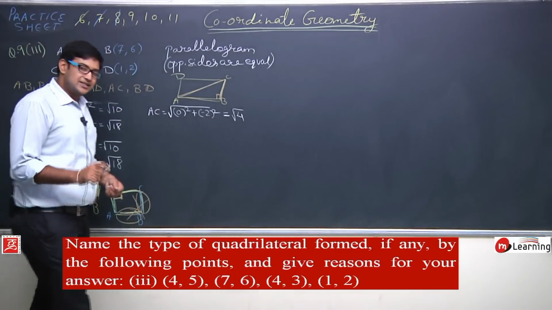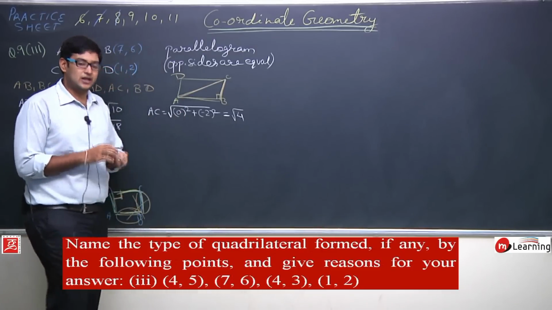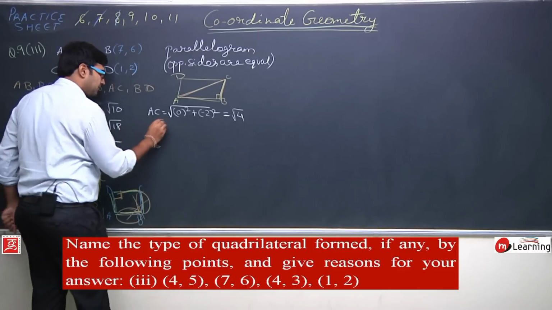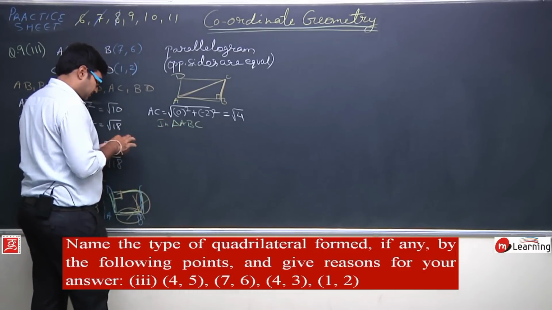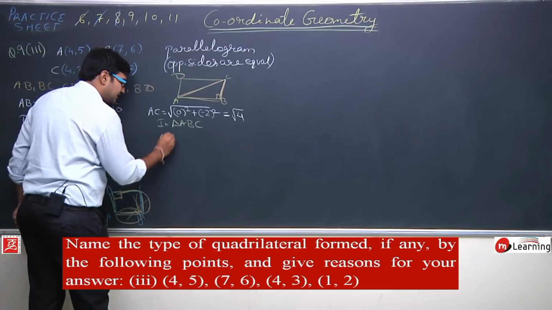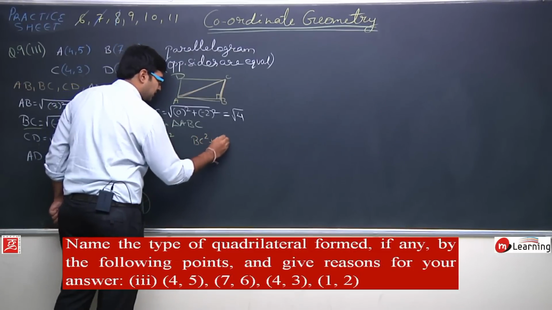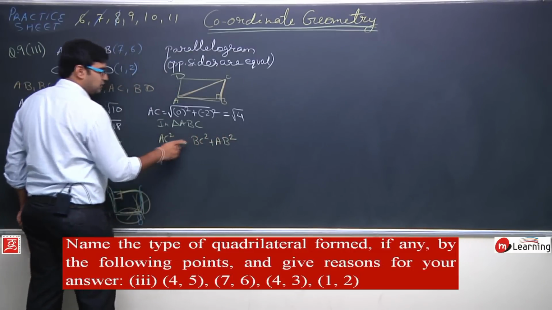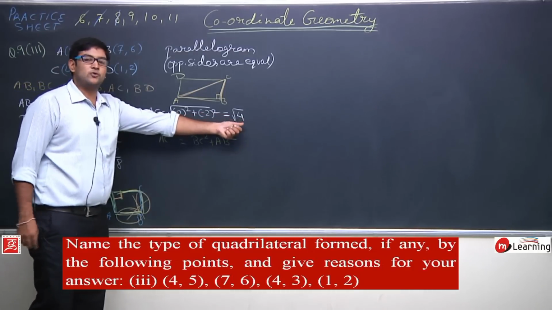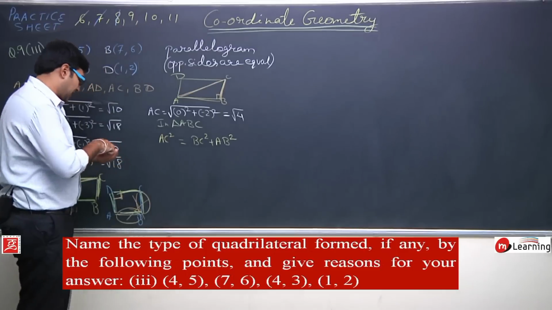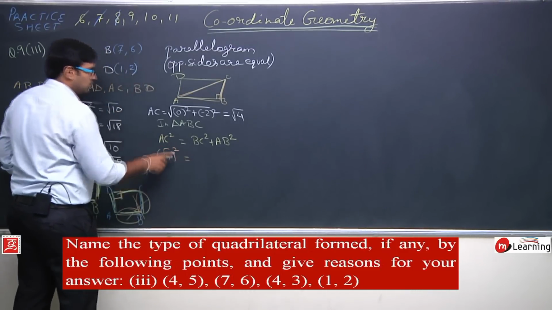Now let us verify Pythagoras theorem in this triangle. In triangle ABC, I can write AC square equals BC square plus AB square. Let us try to prove this relation. AC is square root of 4, so AC square is square root of 4 whole square, equals BC.